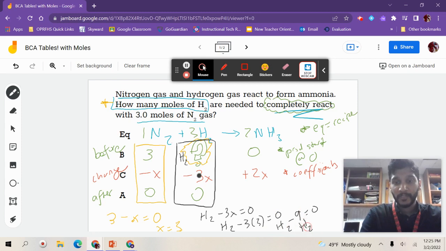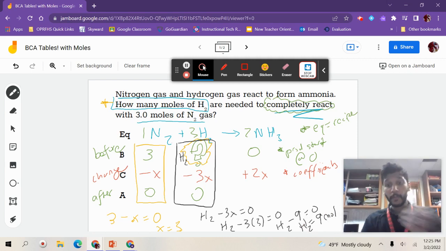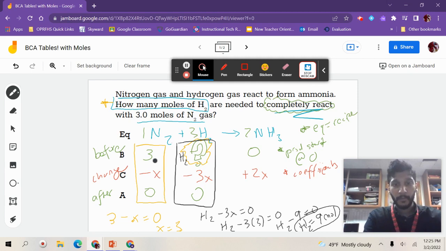So H2 is going to equal 9 moles, right? That's going to make sense. We just subbed in 3, got H2 minus 9, add 9 to the other side. So there are going to be 9 moles of hydrogen gas that need to completely react with 3 moles of nitrogen gas. So our final answer for this one is going to be 9 moles.